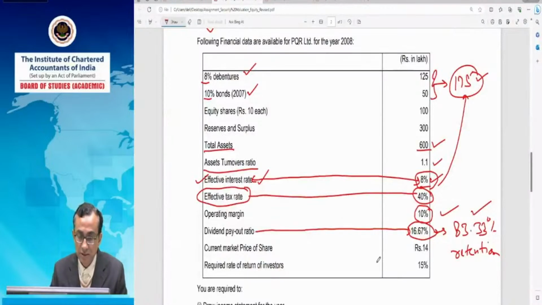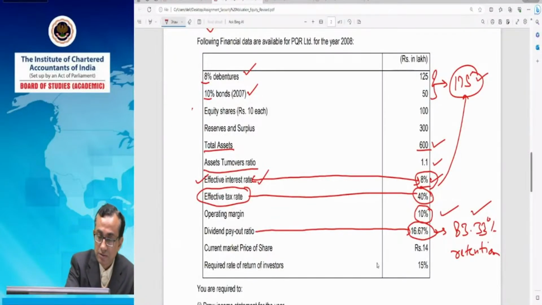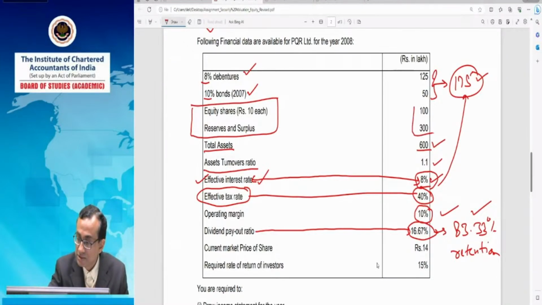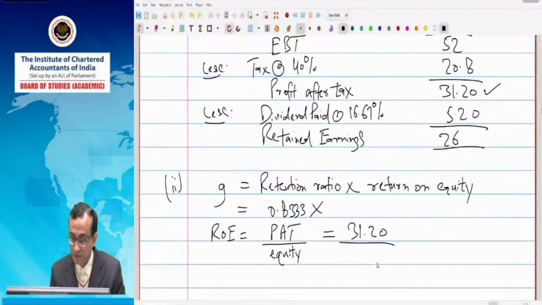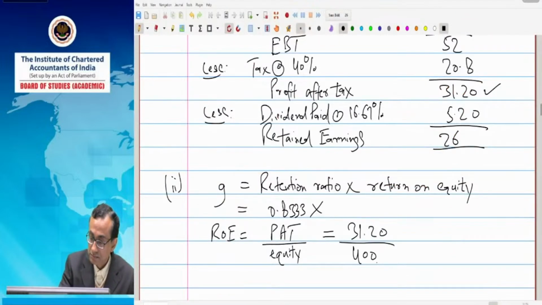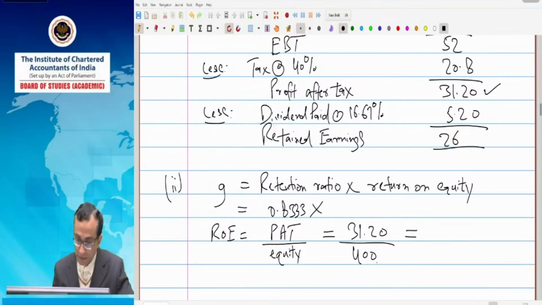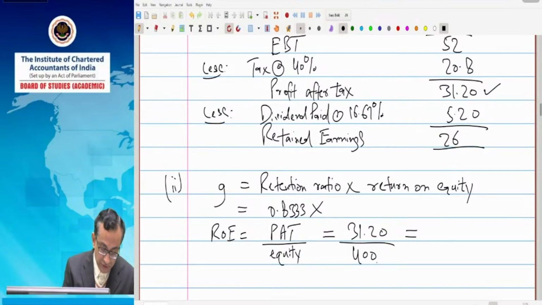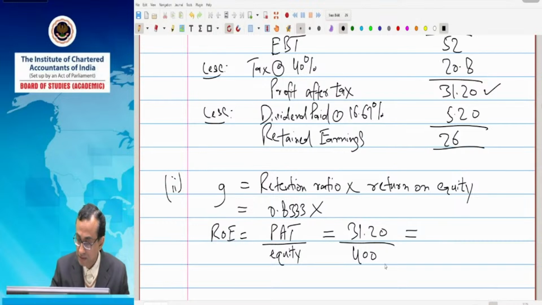Let us see. Equity is this portion: equity share capital plus reserves and surplus, or this 100 plus 300. This is actually the equity. So 100 plus 300 is 400. 400 is the equity. So let us calculate the return on equity. 31.20 divided by 400 is 0.078, or 7.8%.